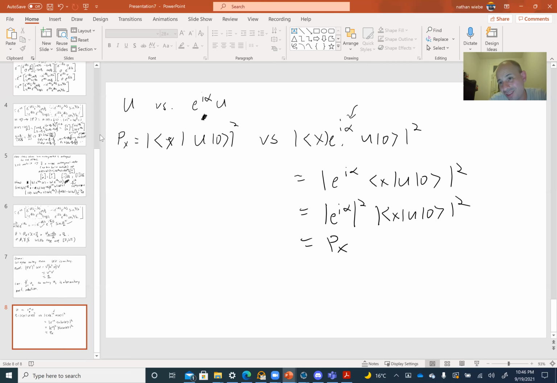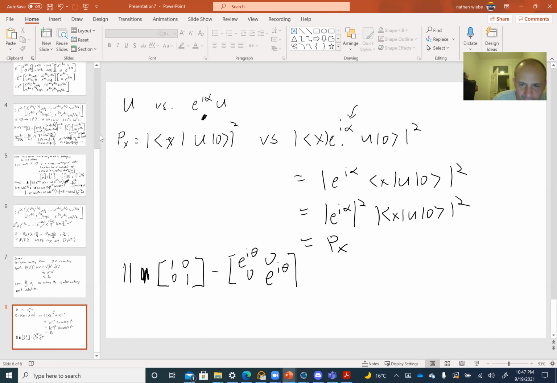are. It's just unfortunately needed in order to make sure that when we compute the norm of two matrices, like the norm of the difference between, let's say, the identity matrix 1, 0, 0, 1 and the matrix e to the I theta, 0, 0, e to the I theta. Well, the norm between these two is equal to, in this case, the absolute value of 1 minus e to the I theta, which I think actually ends up turning out to be something like twice cosine theta over 2.